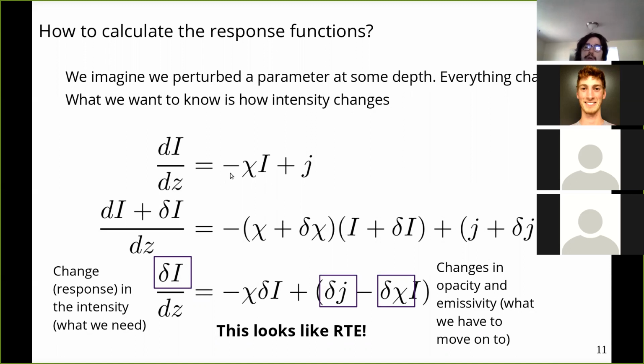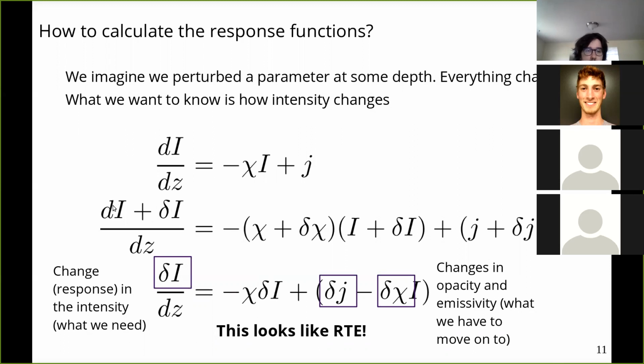Now I have perturbed my atmosphere, which means my opacity and my emissivity have changed. And if I have only perturbed it in one point, then it means that my opacity and emissivity have been perturbed in one point. But then it means that also my intensity has changed. And then I can write this, let's say, first order perturbation equation. And this should be d of I plus delta I. I'm sorry.